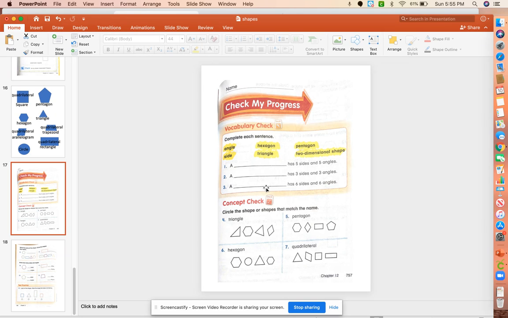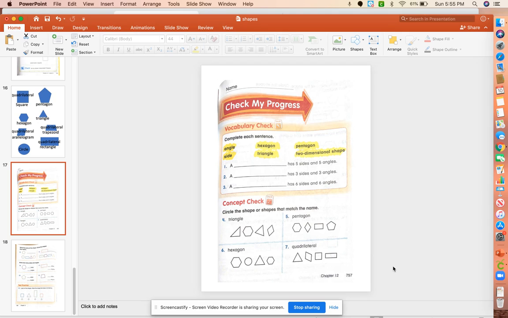Remember, at any point, you can always put me on pause or go back to anything that you needed from the other slide if you needed some help with anything. All right, number 4, circle the shape or shapes that match the name. Number 4 says triangle. So there is more than one. So circle 2 triangles for number 4.